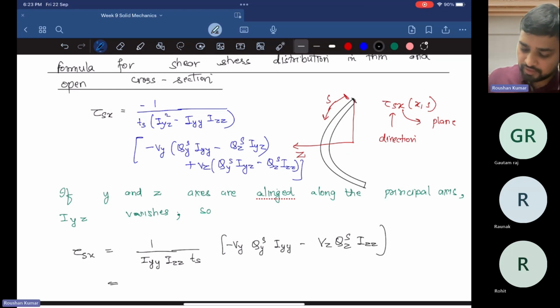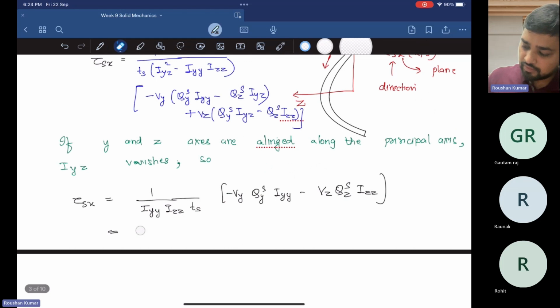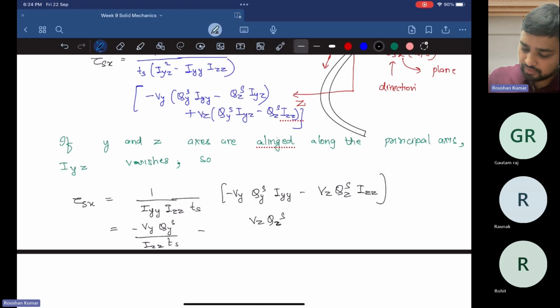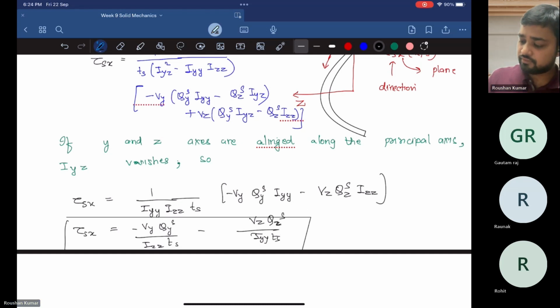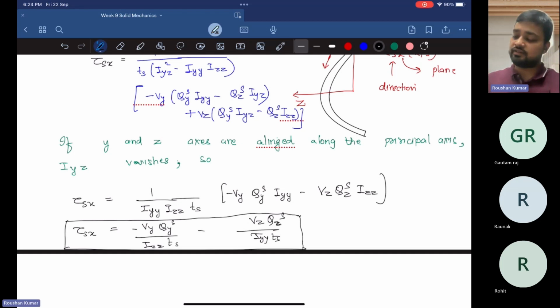On simplifying, we get minus Vy Qys upon Izz Ts minus Vz Qzs upon Iyy Ts. This is the simplified tau xx when the y and z axes are aligned along the principal axes.